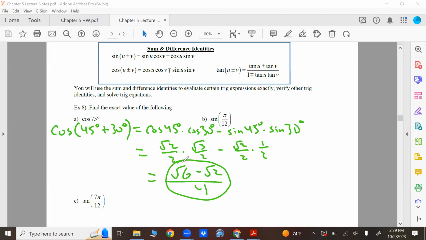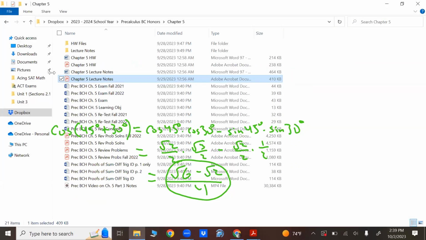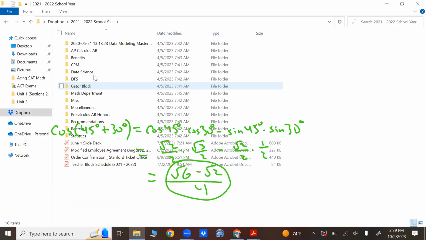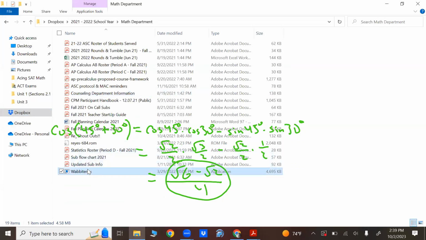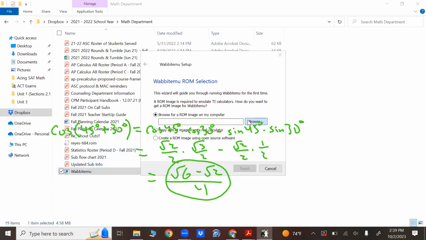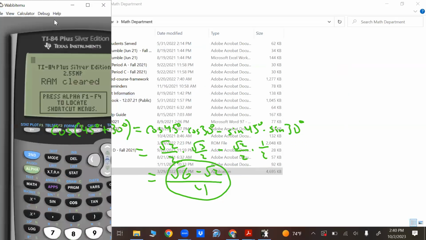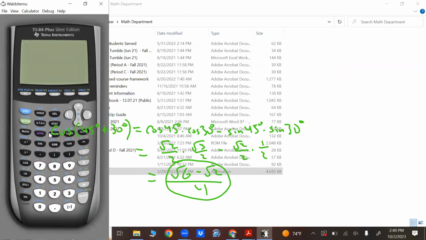If you want to check whether you did it right, you could easily pull up a graphing calculator. I'll do it right now for myself. If I do cosine of 75, and by the way, I have to switch to degree mode.